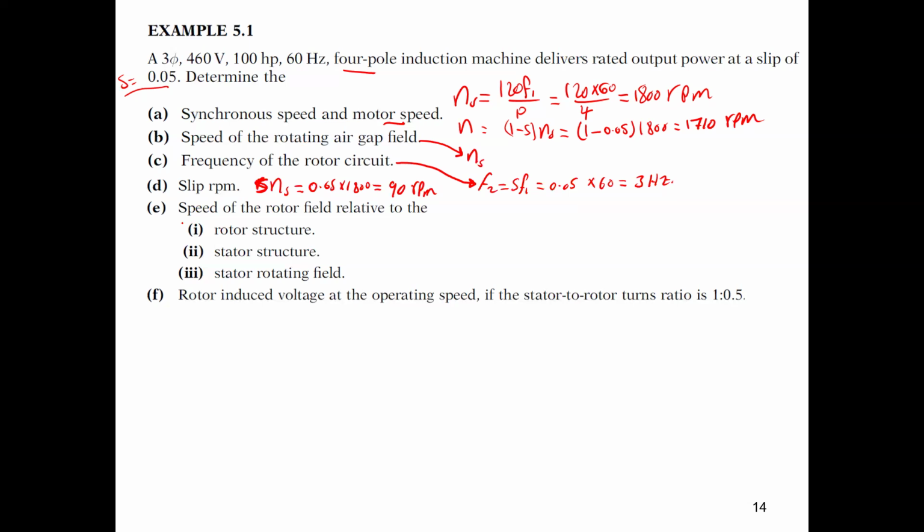Then this question is very interesting, guys. The speed of the rotor field relative to... firstly, what is the speed of the rotor field? Now the rotor field has a speed around the conductor, and the rotor itself is moving with the machine speed. The summation of both speeds will make the machine flux.